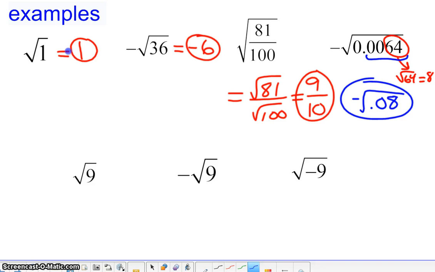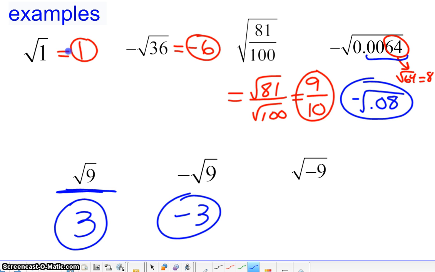Okay, and then the next 3 are very simple, but yet very tricky, so you got to be careful. The first one, if we're using the perfect square of 9, it's going to be 3. Okay, this is the negative square root, so you're going to have a negative 3. And the last one, anytime there's a negative on the inside, that is considered an imaginary number.